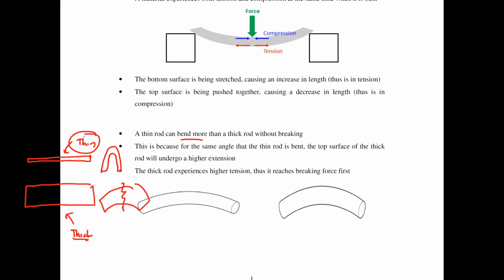So why is it that a thin rod can actually bend more than a thick rod? Now, the idea is this: if you were to bend the rods for the same angle, maybe I better just show it as this.